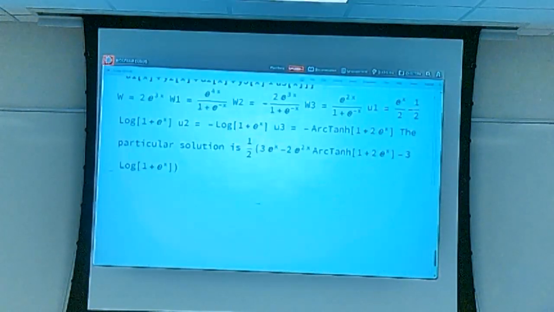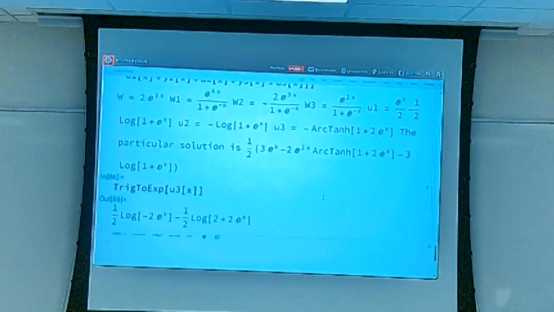Let me just see what would happen if I do trig to exponential. Yeah, there you go. This one works out nicely. The last one wasn't because it was writing that sine also in exponential form, which is a complex valued function. So I have to somehow word it so that it's only converting the inverse hyperbolic and not the actual sine itself. So that's how you get around the inverse hyperbolics.